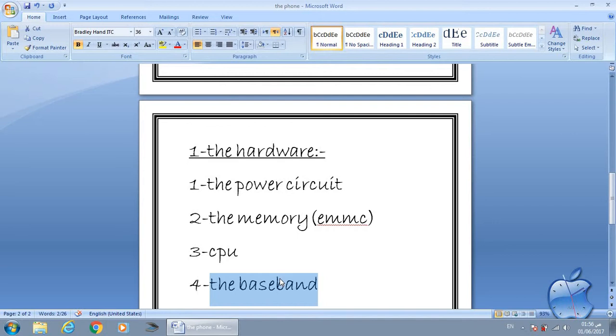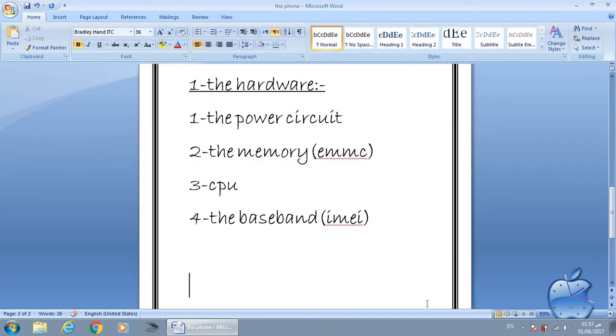So we need a serial number, which is called the IMEI. The IMEI is a name for the serial number, and if this serial number is not present on the phone, it is not going to work. So there should be a serial number in the phone.